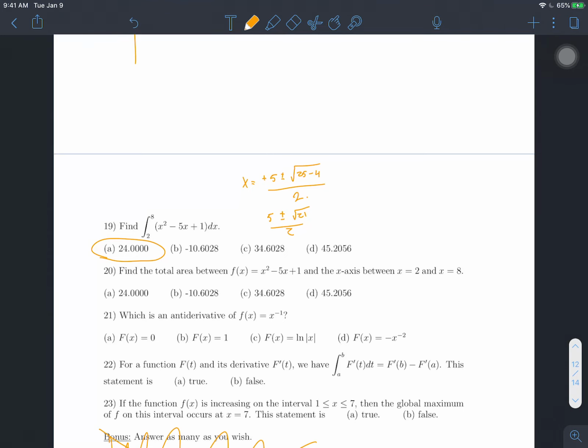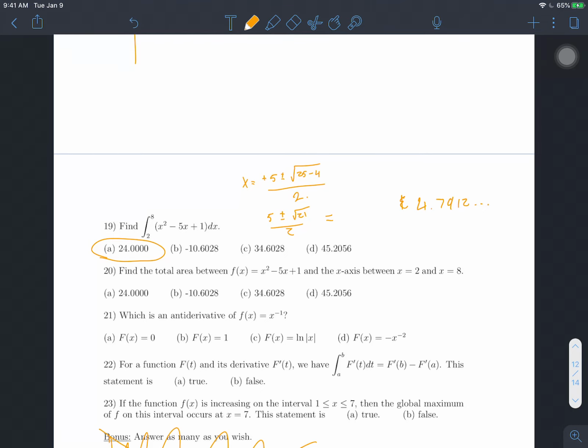Okay, so these numbers are 4.7912 dot dot dot, and then the one where we subtract would be the square root of 21, and then we would take 5 minus that, and then we would divide that by 2.